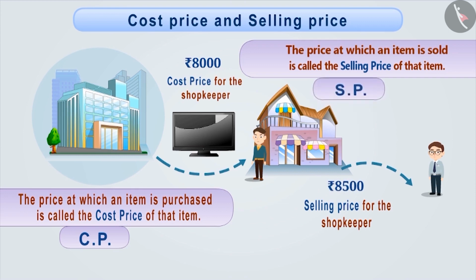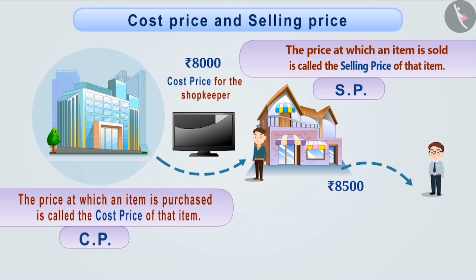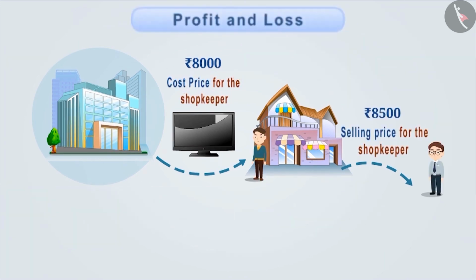Can you tell whether rupees 8,500 is the cost price or the selling price for the customer? Think for a while. Absolutely correct. Since the customer purchased the television for rupees 8,500, therefore, rupees 8,500 is the cost price for the customer.